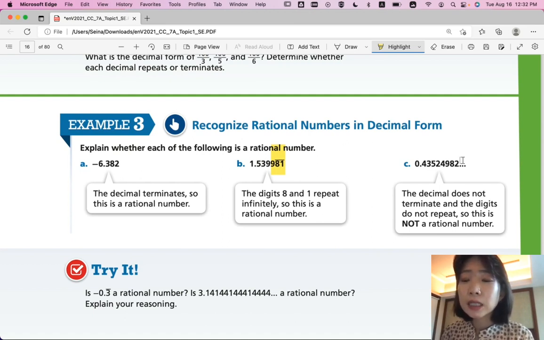So in this case, this is not a rational number. Okay? So if it terminates or if it repeats, it is a rational number. If it doesn't do any of those, it is not a rational number.